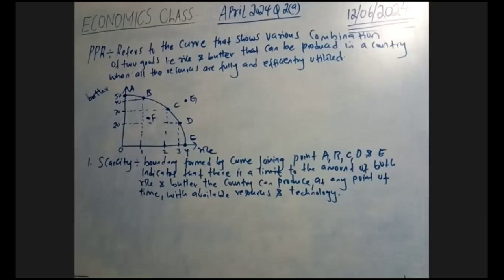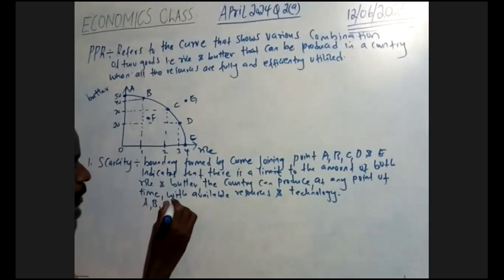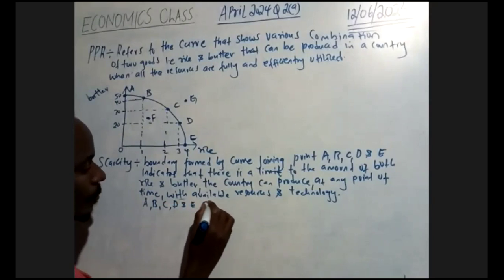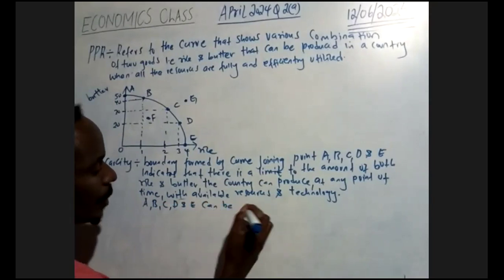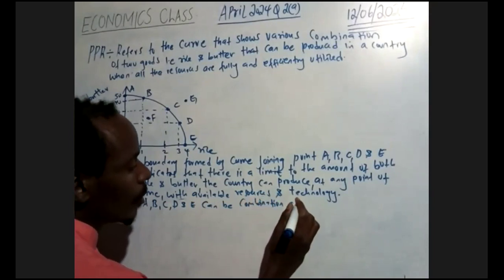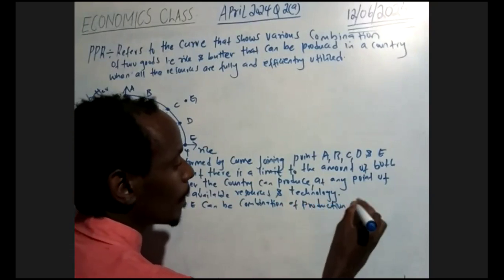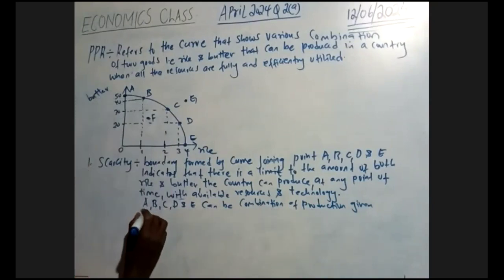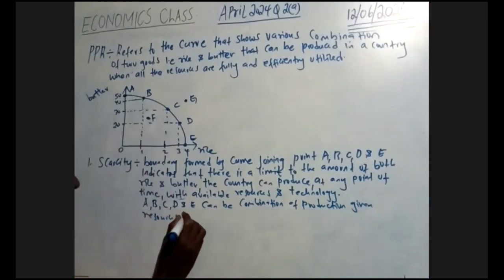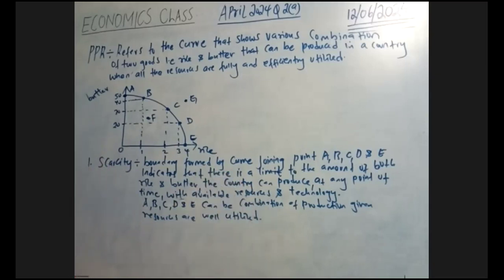You can also add and say A, B, C, D, and E can be combinations of production given resources are well utilized. That is one way you can answer that one.